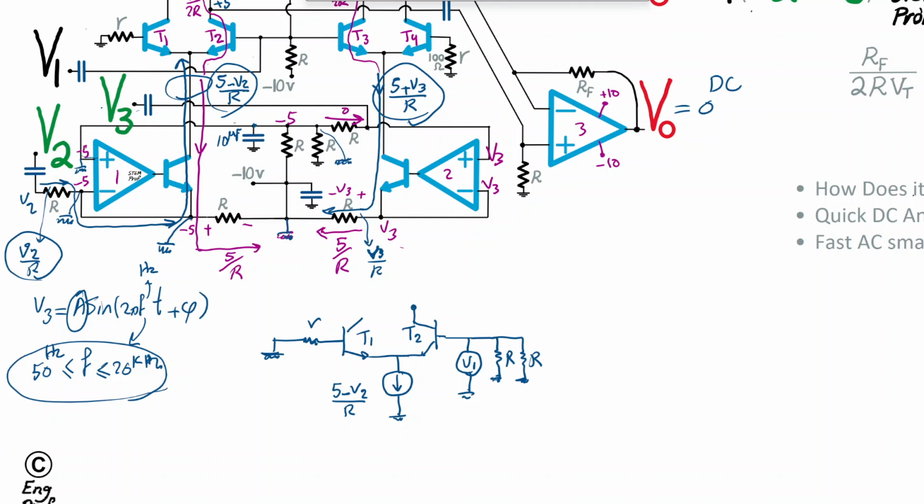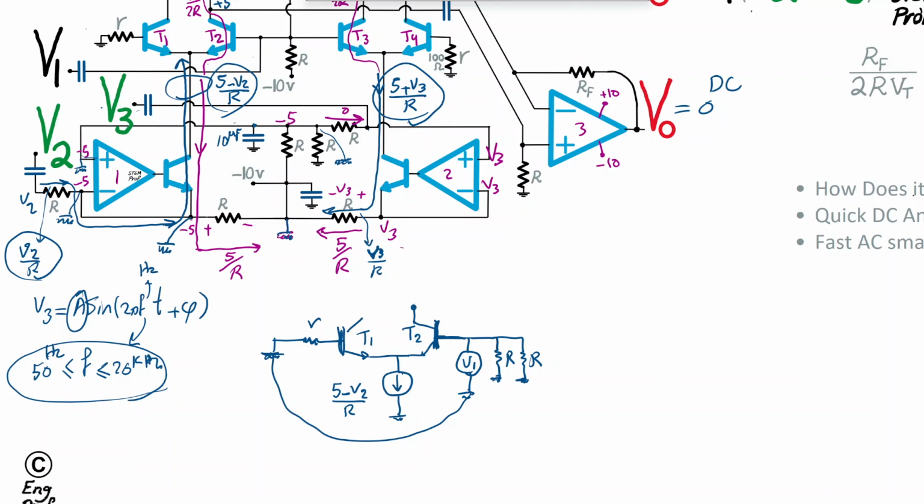So that's the scheme we have. I don't care about those, but V1 effectively appears across this portion. V1 is applied to the base of transistor T2 and ground. So V1 is like this, between the base of the two transistors effectively.